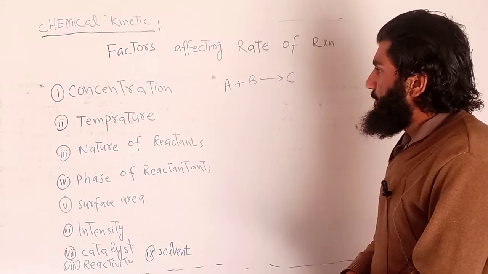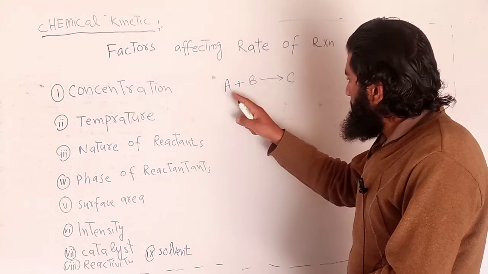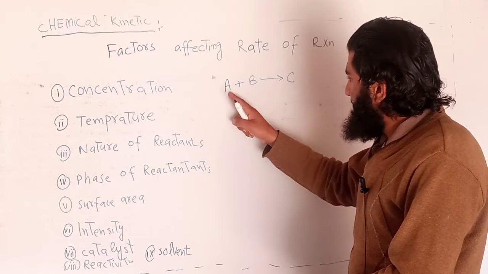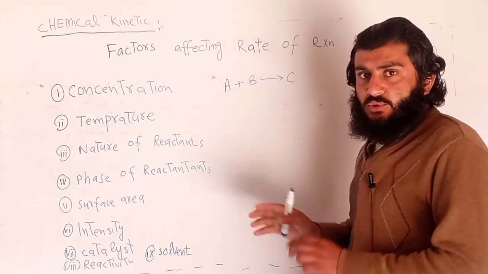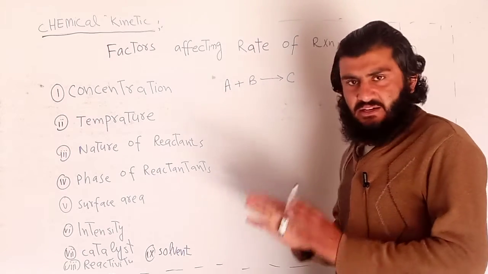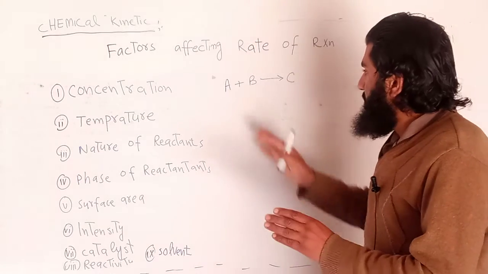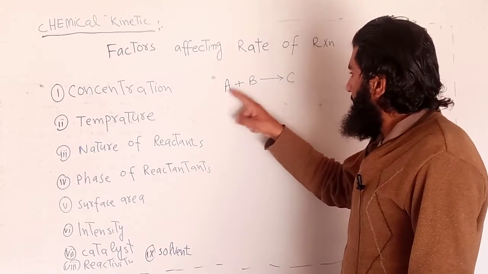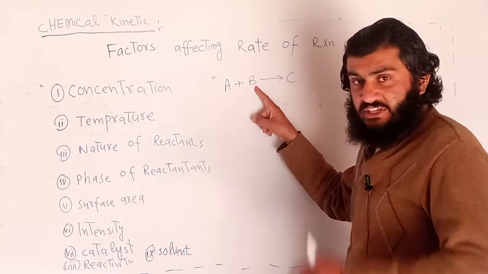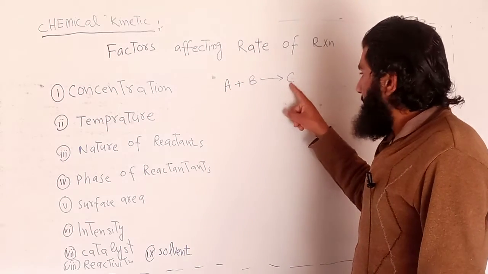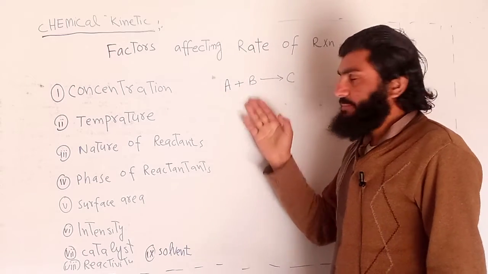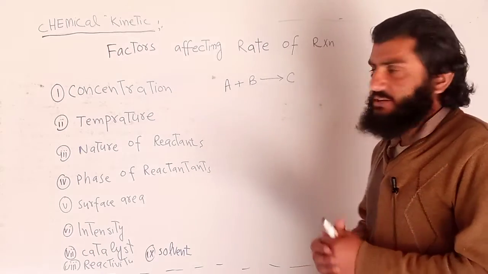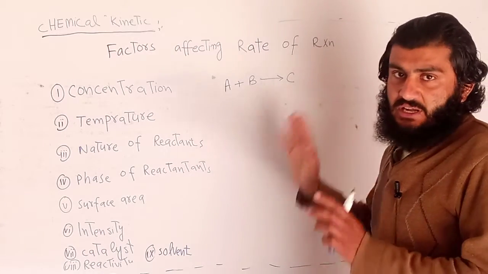Clear? So you know the reaction occurs, this product is formed when they collide with each other. If collision does not occur, no reaction will occur. Clear? If A and B collide with each other, then product will be formed. If A and B do not come in contact, do not collide with each other, then the product C will not be formed.